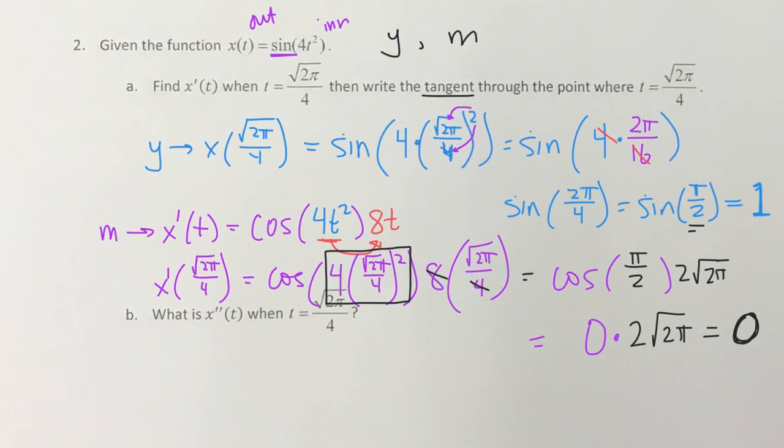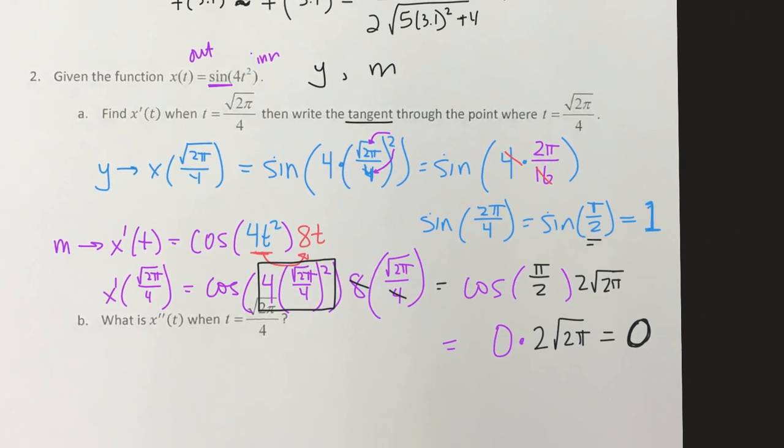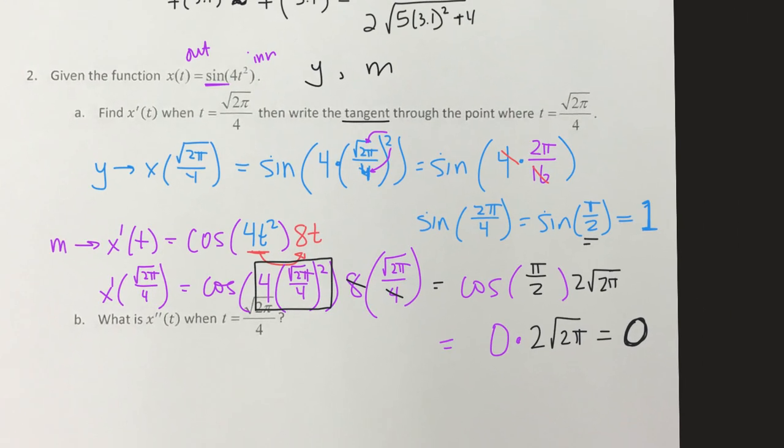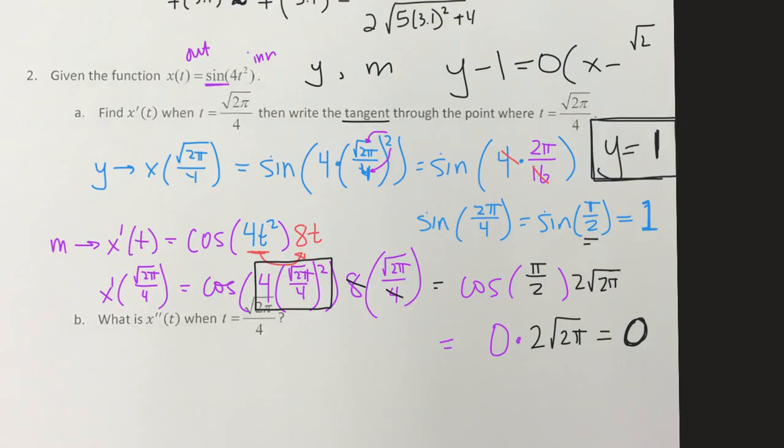If we have a horizontal tangent, we can basically write the equation as y equals 1, because that's our y value. But let's be formal: y minus 1 equals 0 times x minus the square root of 2 pi over 4. With a slope of 0, we're always going to have y equals something as our tangent line.